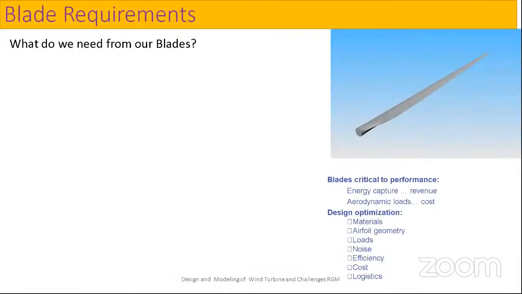Okay, so what we need from our blades: you always have to design with optimization. Optimization means that when you are designing your wind turbine blade, you have to do the optimization, including a materials compromise. When you want to stitch your shirt, what size of material will you take? 1.2 meter, 1.3 meter, 1.4 meter, depending on the size of your body.